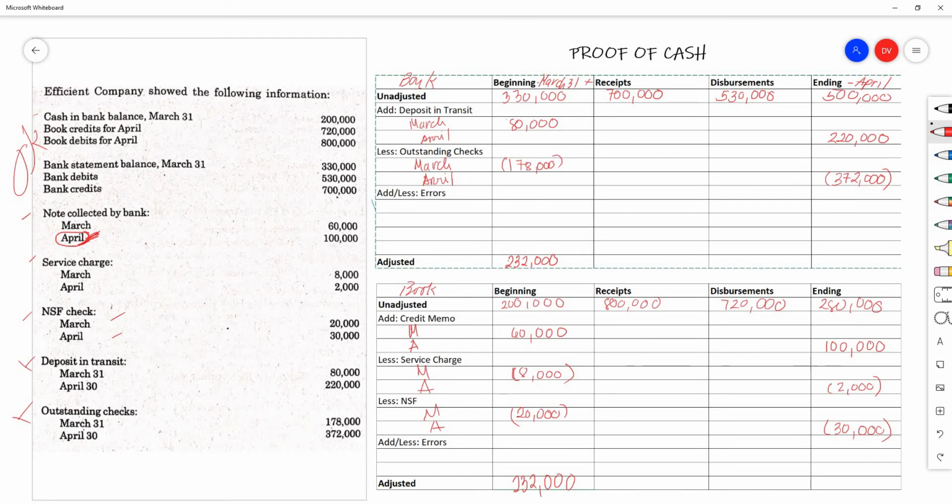So, 500 plus 220 minus 372. So, we have 348,000. Okay? So, sa kabila naman, 280 plus 100 minus 2 minus 30. So, kung pansin nyo, 348 lang din yung nakuha natin.